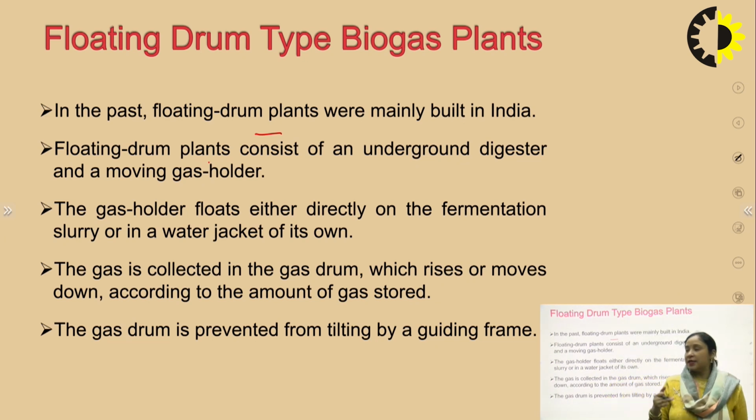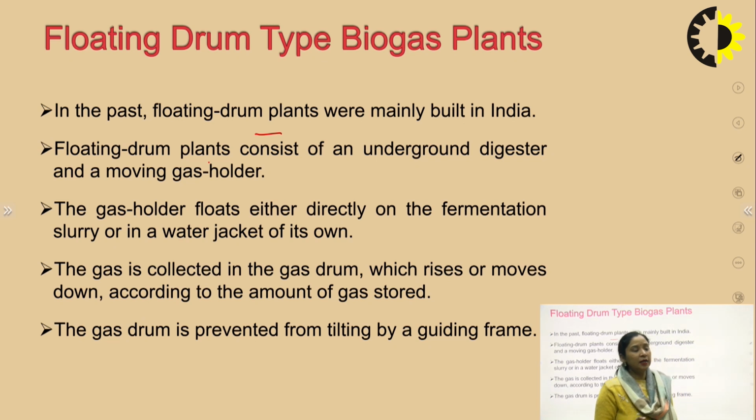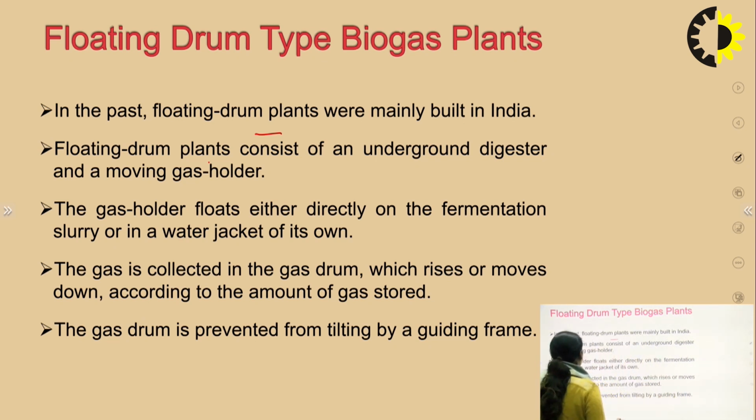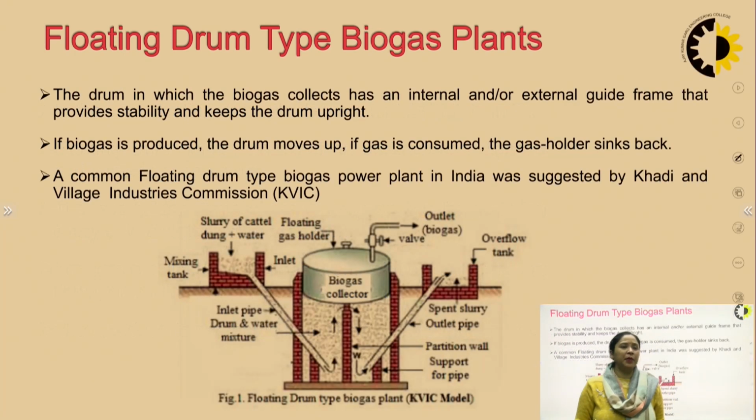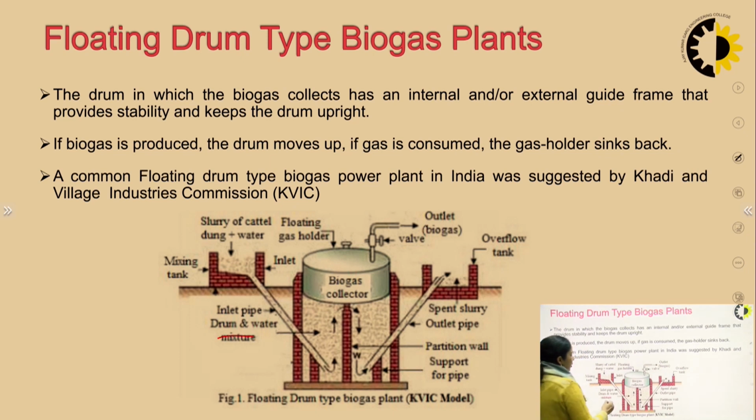The gas holder floats either directly on the fermentation slurry or in a jacket of its own. The gas is collected in the gas drum, which rises or moves down according to the amount of gas stored. This is the typical example of a floating type biogas generator.